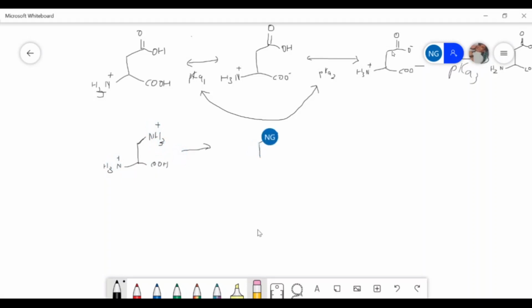Which one's more basic? I'll presume the one that's farther away from the amino acid branch. I would say the top one's actually more basic, honestly. But the pK is usually quite close, so it's hard to say. Unfortunately, I think it's actually within the syllabus to determine which one's better, but whatever.